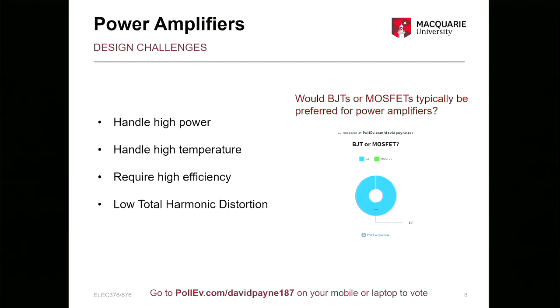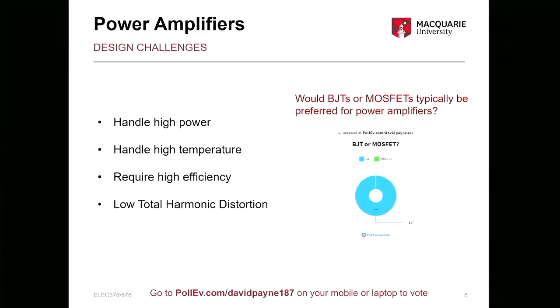So of course, if your device is 100% efficient, no problem, all of that power is going to be delivered straight through to the load. In reality, that's not likely to be the case, right? Which means that power that isn't going to the load is going to be absorbed somewhere and come out some other way. So that's typically through an increase in temperature, okay? So you need to be able to handle that high temperature.